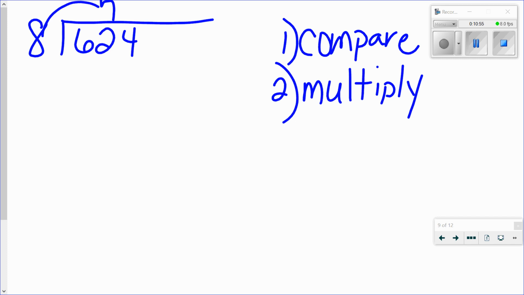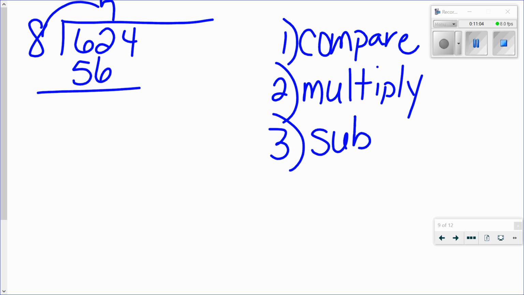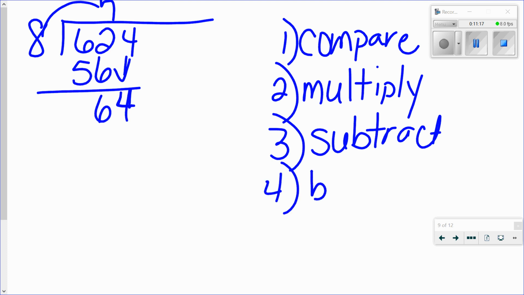So 7 times 8, we get 56. Next step, what do you do next? Subtract. So I'm going to subtract 56 from 62, and I get 6. And then the last step is to bring down. Okay, so I brought down that 4.